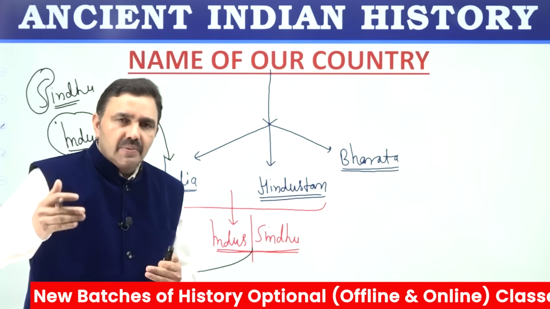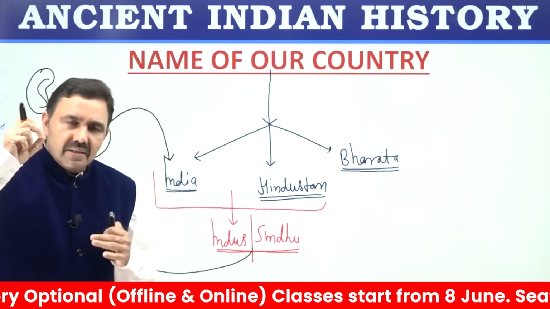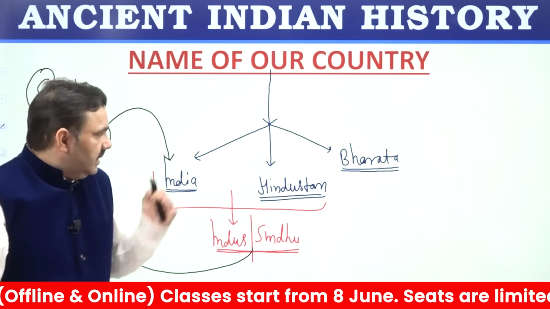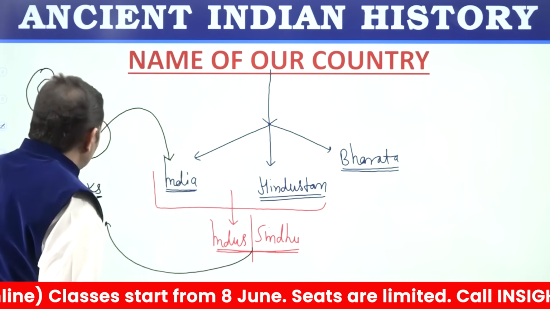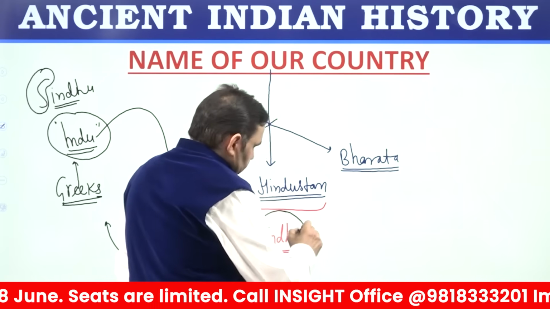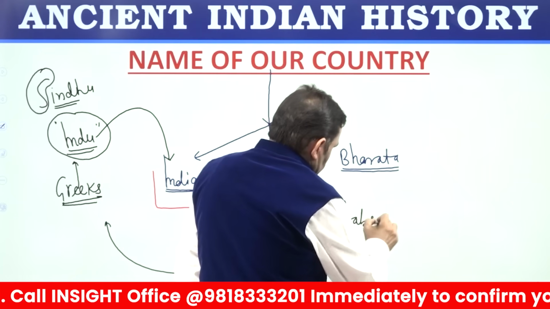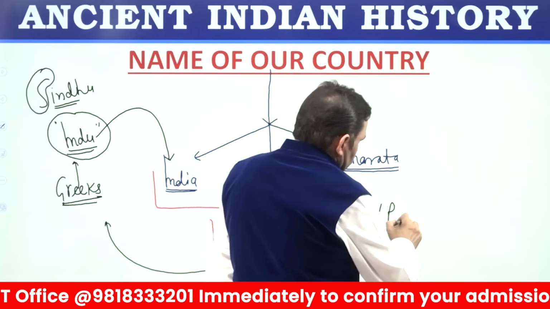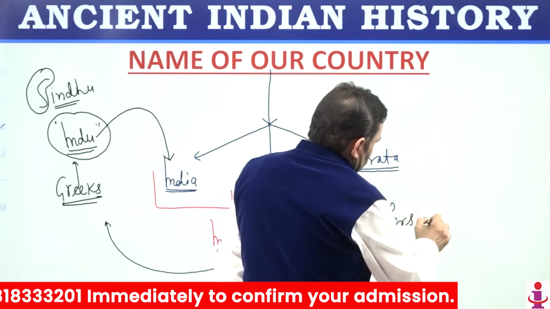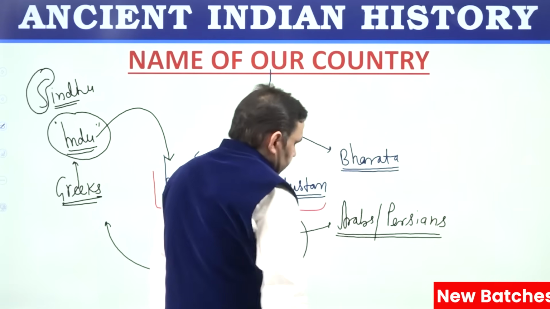So this is how you have to understand basic concepts and in detail. The second term here comes out to be Hindustan. The Arabs, the Persians means Iranians. Persia is the old name of today's Iran.